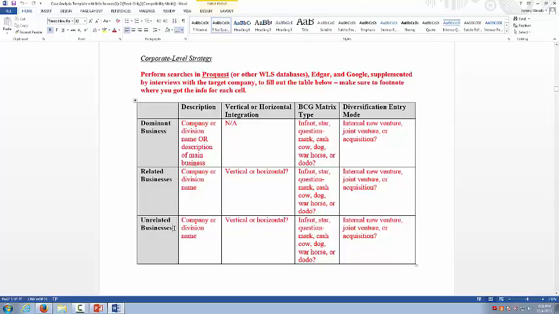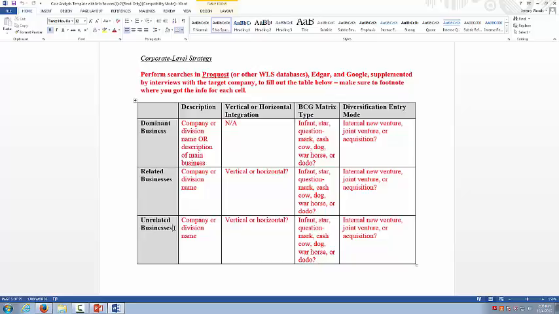For the company you're analyzing in your case analysis, I want you to look at three different types of business. Tell me about the dominant business they're in, tell me about related businesses they're in, and tell me about an unrelated business, either that they own or that they could own.